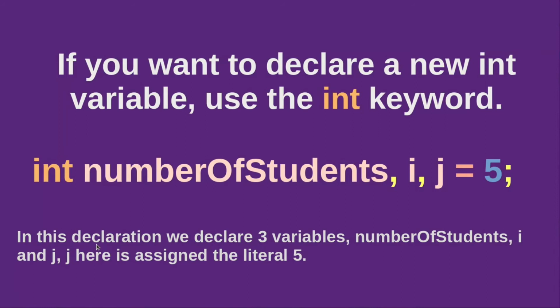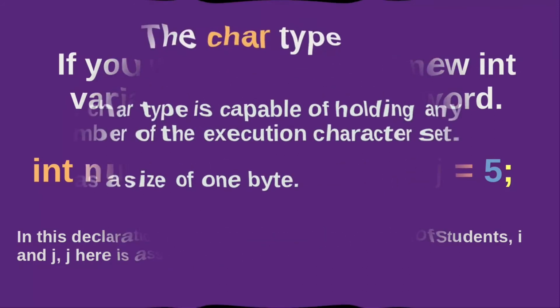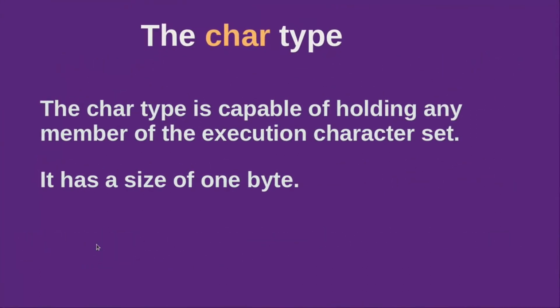If you want to declare a new int variable, use the keyword int. For example, as you can see, use the keyword int. In this declaration, we declare 3 variables: number of students, i, and g. g here is assigned the literal 5.